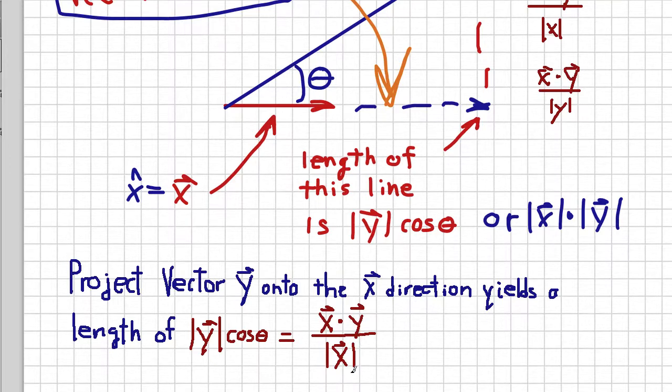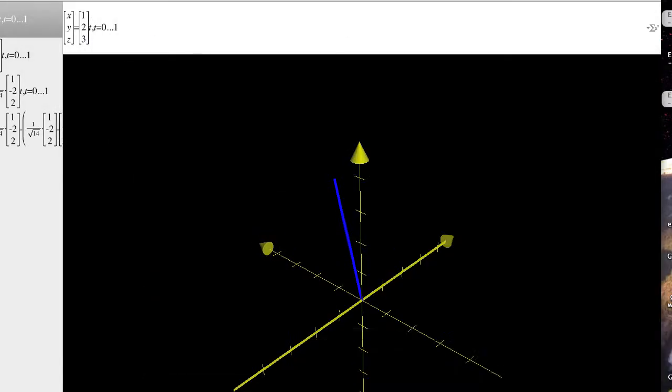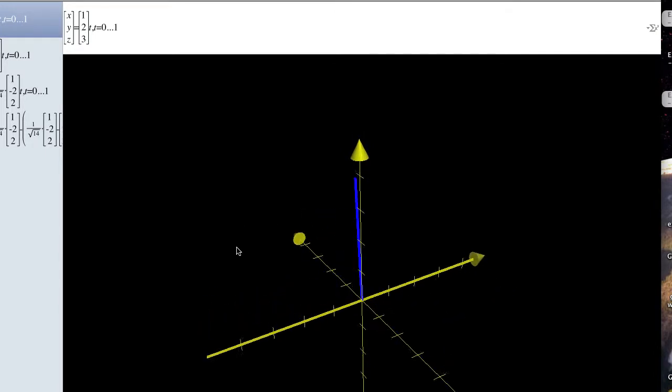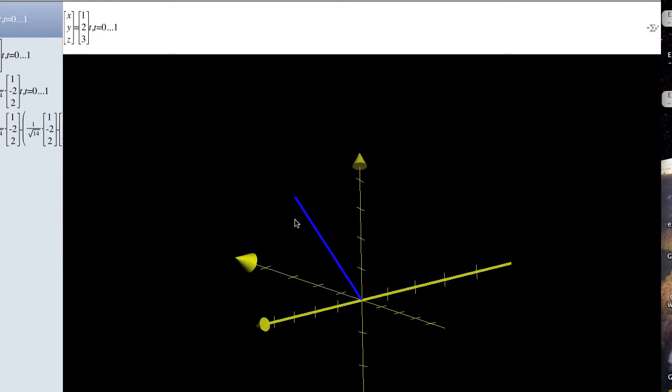Now I have a three-dimensional drawing example. So let's look at that and see what we get. Let me pull this down. So here's my three-dimensional drawing example. Okay, now here I have the blue vector. And the blue vector is ABC.